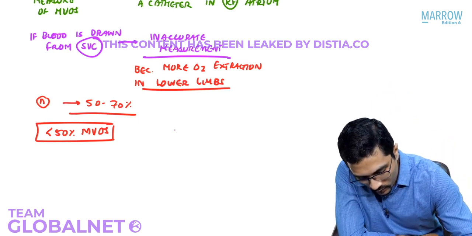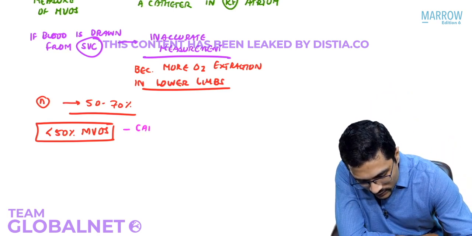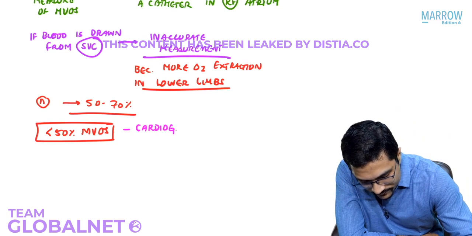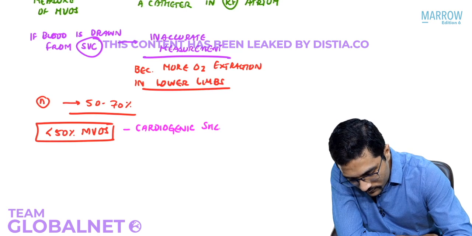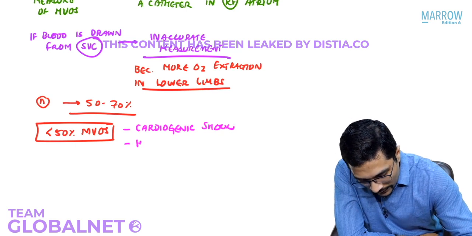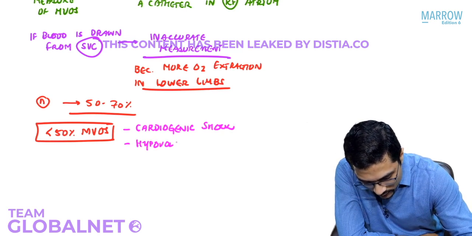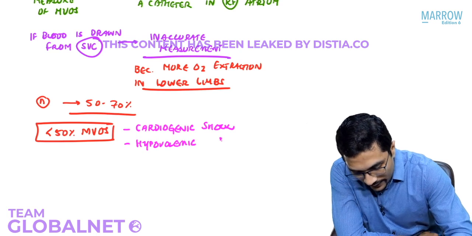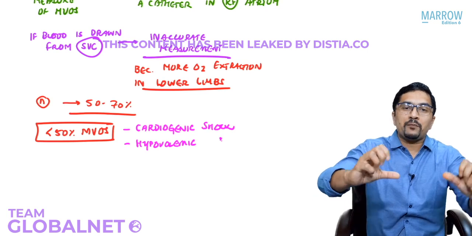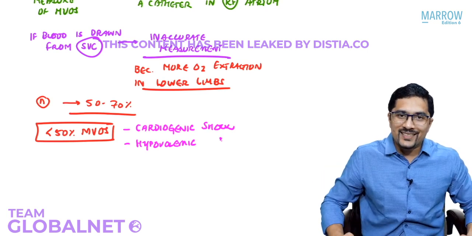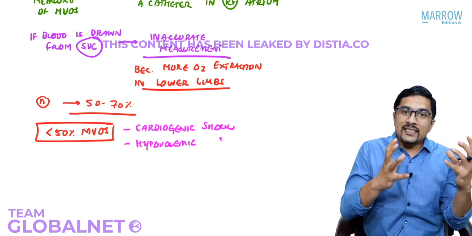Low MVOS will be seen in patients with cardiogenic shock because the heart is unable to pump out oxygen, and you will have it in hypovolemic shock. Why in hypovolemic shock? Because I told you there is peripheral vasoconstriction and stasis of blood.